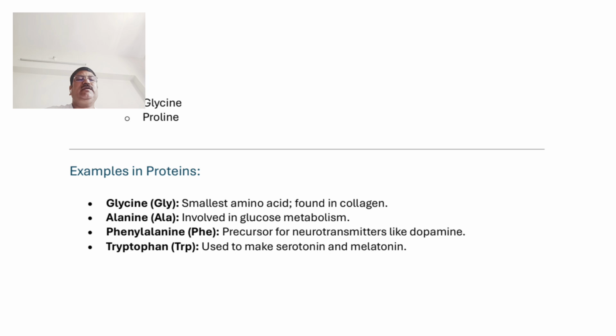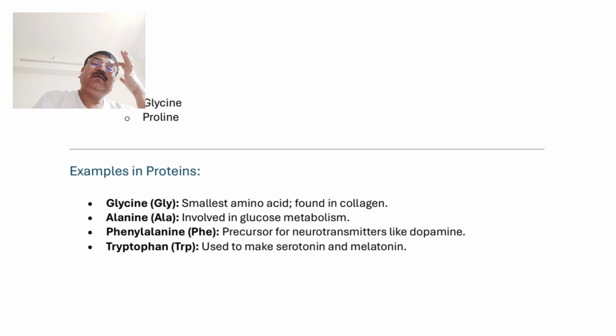It is a stress removing chemical, and it is developed from phenylalanine. Tryptophan is another type of alpha amino acid which is used to make serotonin and melatonin. These are again important compounds developed in our body, and these are the precursors used.